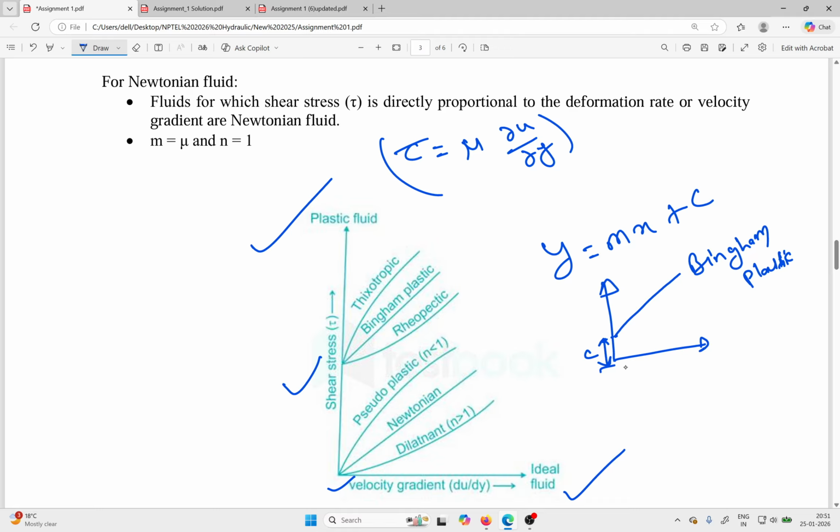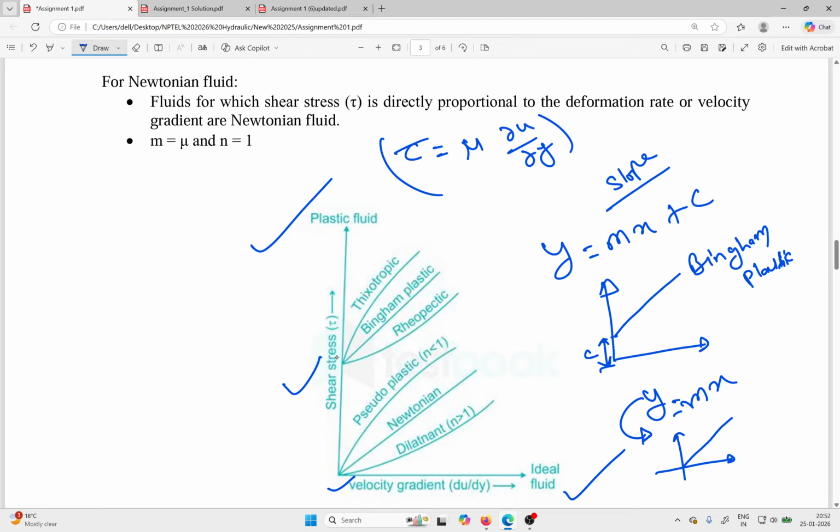Now y is equal to mx. M is here the slope of this line. So the equation for this graph will be from the origin.